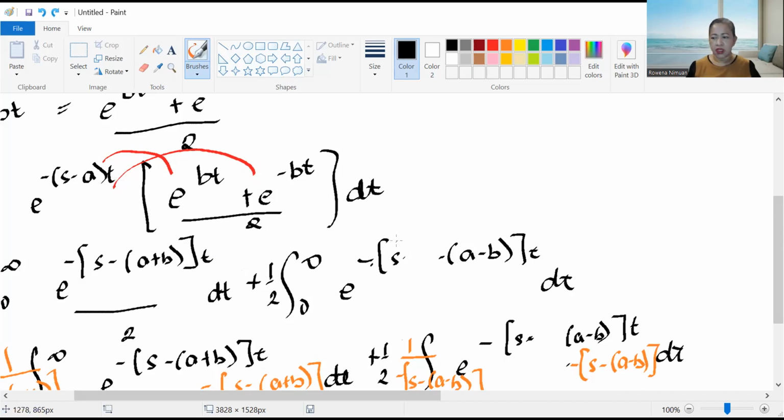So it should be a plus. Negative is plus a minus b.